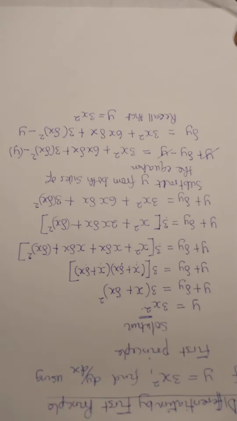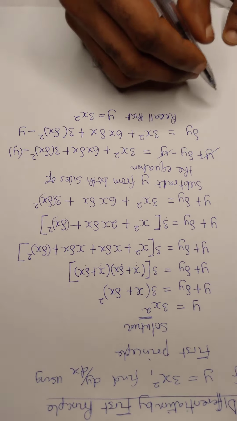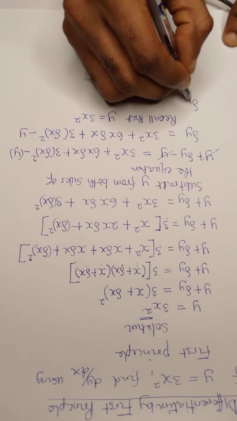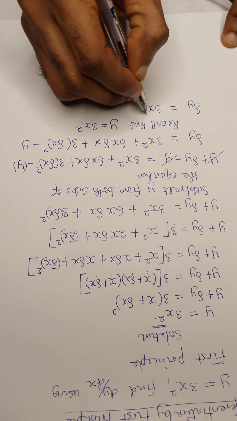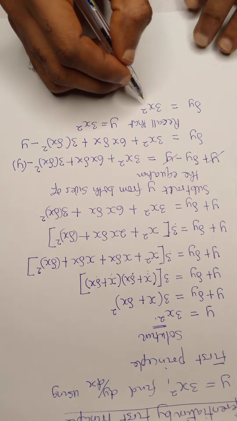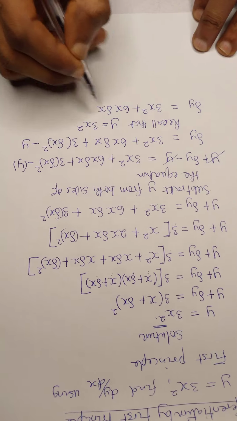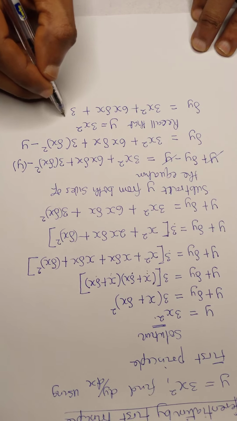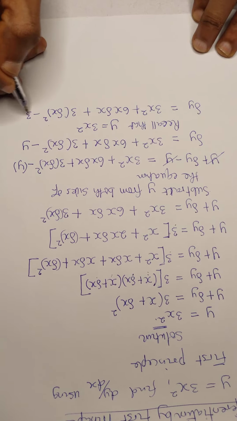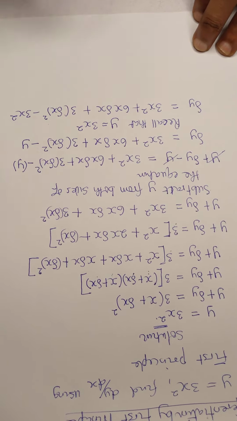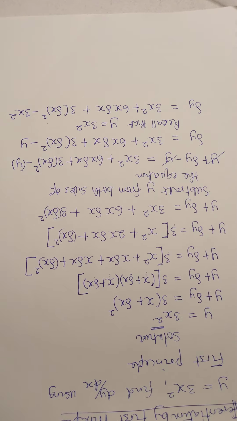So we are going to bring in that value here. So we are going to have that change in y equals 3x squared, which is this one, plus 6x change in x plus 3 into change in x all squared minus 3x squared.